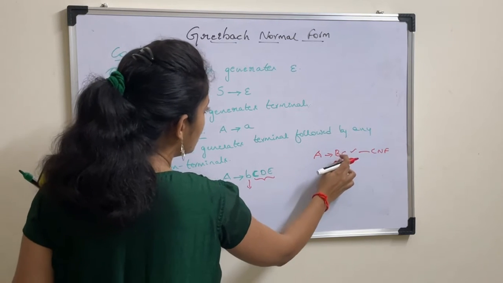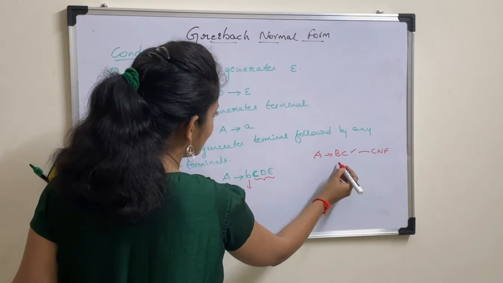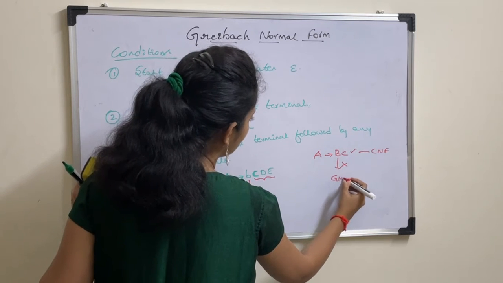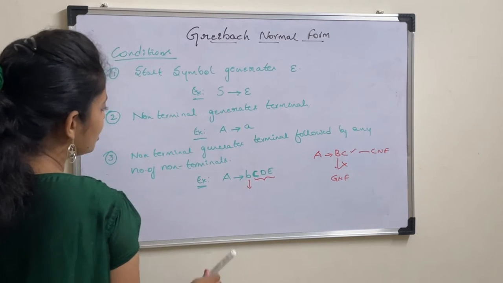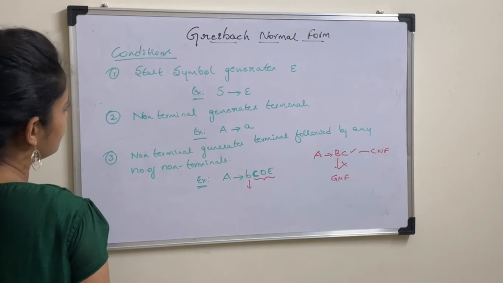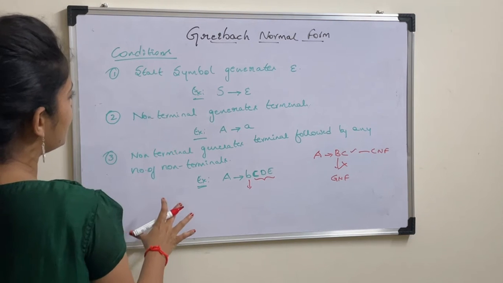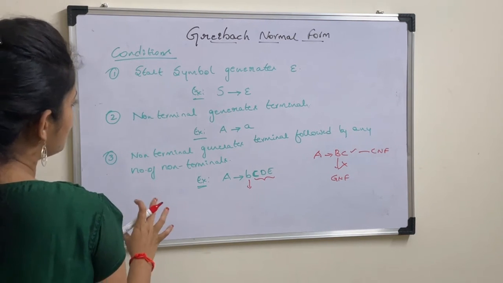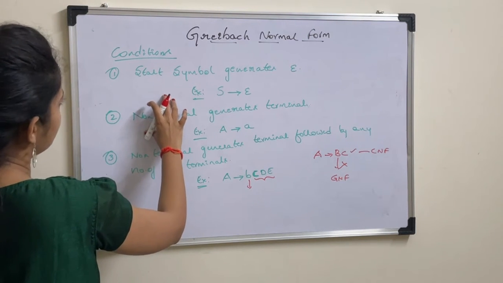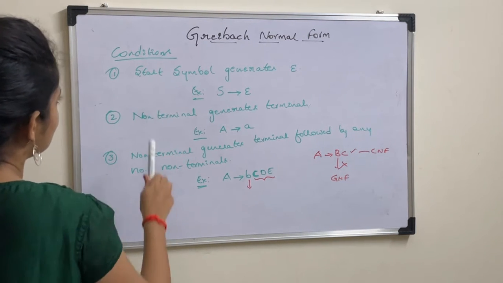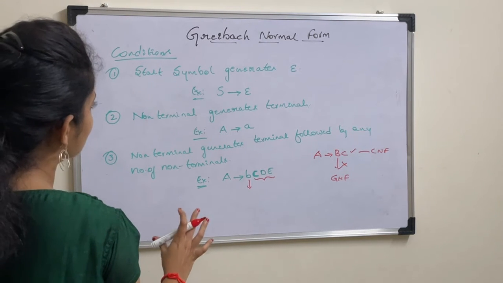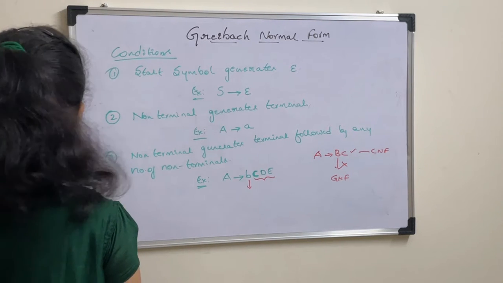If you have any representation like the CNF one, then it is not allowed in GNF. This is a major difference between CNF and GNF. If the given CFG satisfies these conditions, then we can say that this grammar is said to be in Greibach normal form.